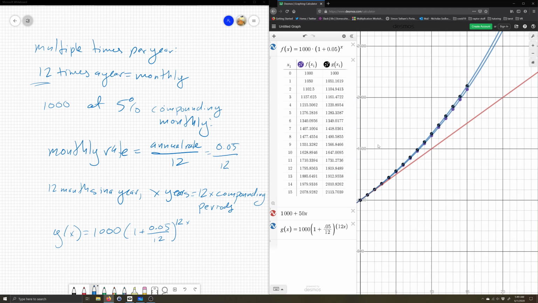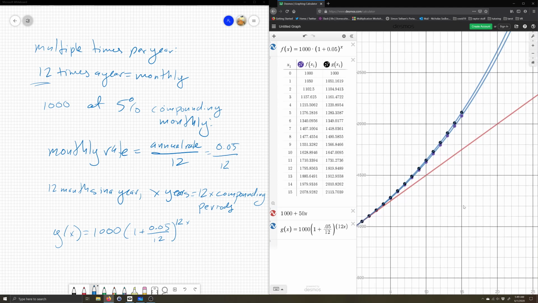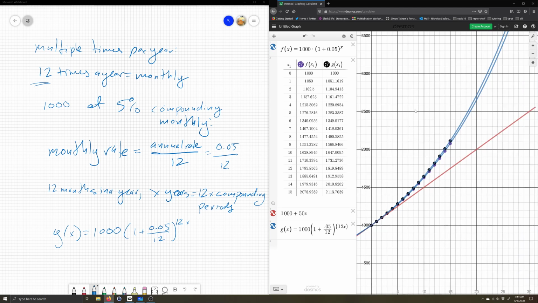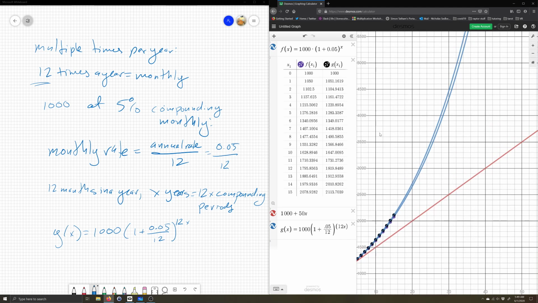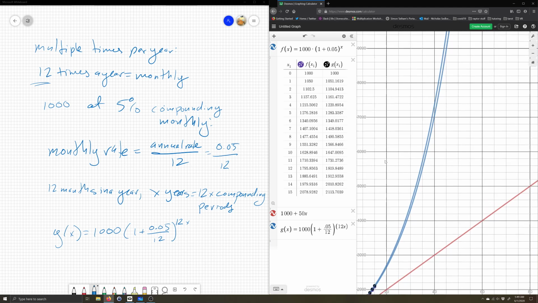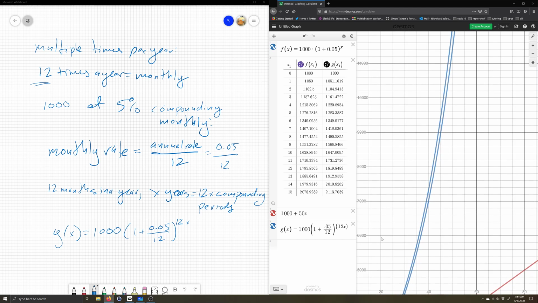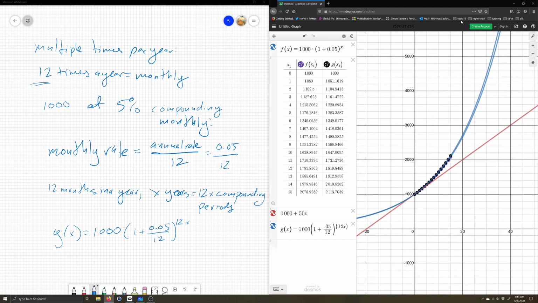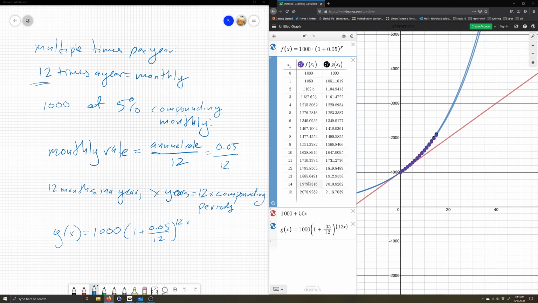So a thing that you should notice is that compound interest does not actually grow that much faster when you compound monthly than if you do annually. Like, there's a difference, but it's extremely slight.